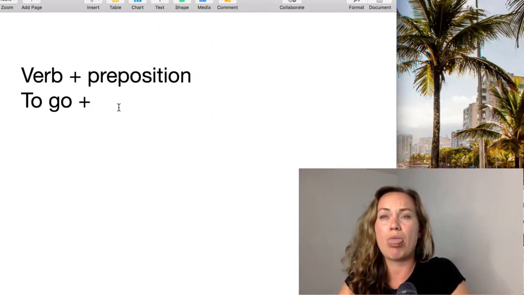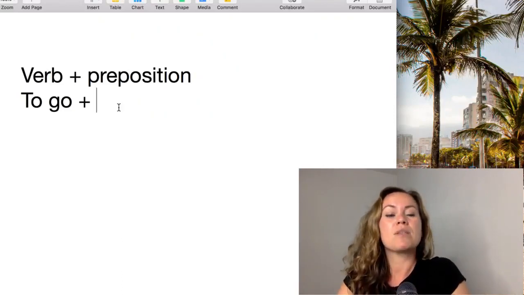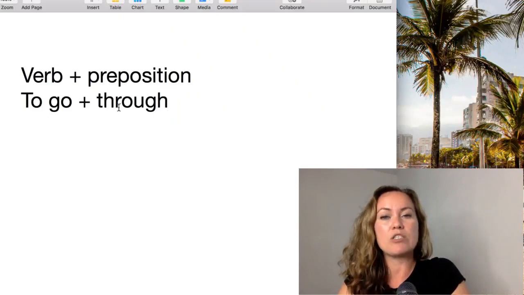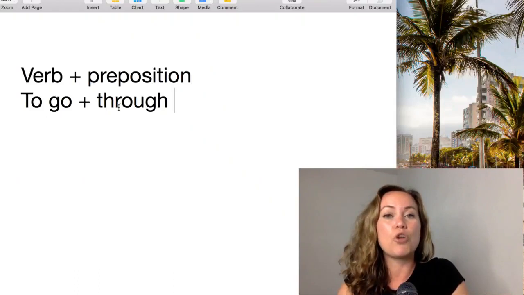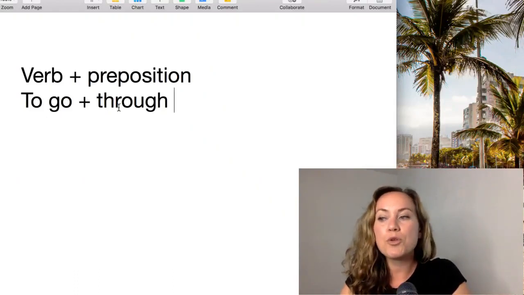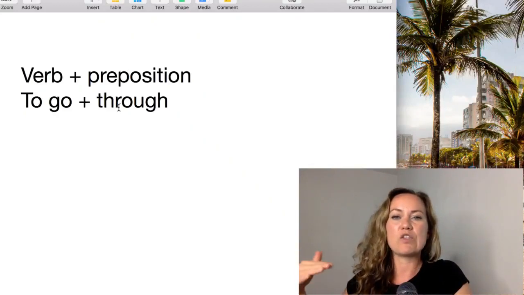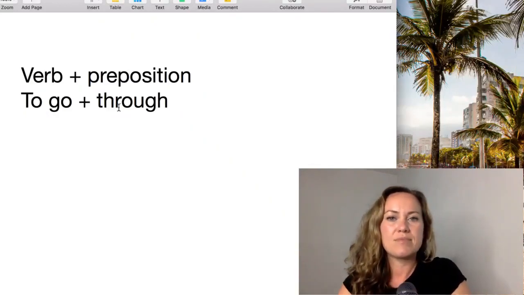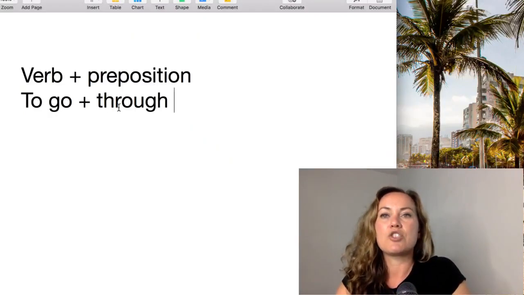A preposition could be like to, through, by. Let's look at through, because today I'm going to share 9 different ways that you can use this phrasal verb to go through. So through usually means to traverse through a narrow area. Like, let's go through the streets.